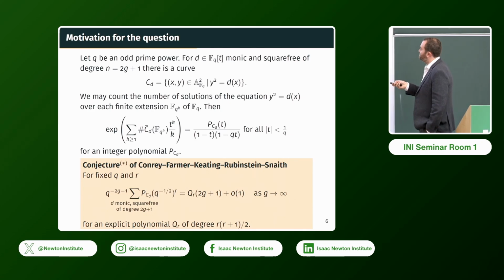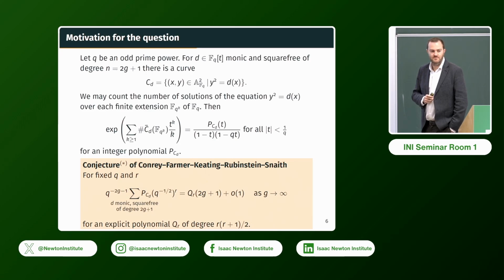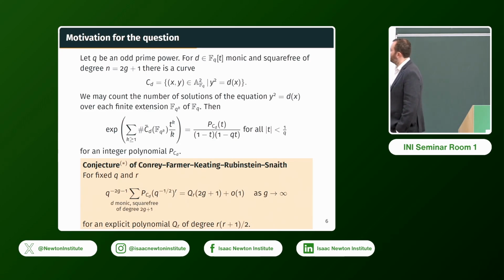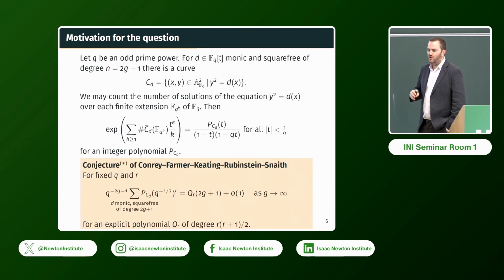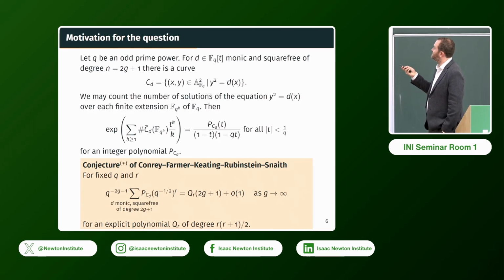I evaluate this numerator at the special value q to the minus 1/2, and I take its rth power. So ignoring the normalization, it's the rth moment of the values of this function that assigns to d its value at q to the minus 1/2.